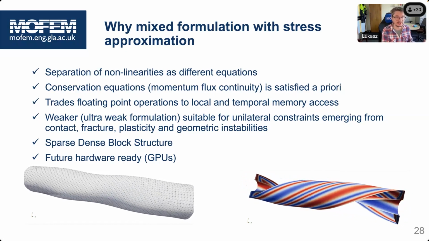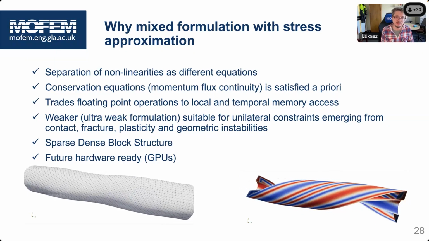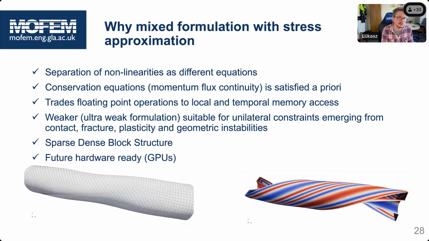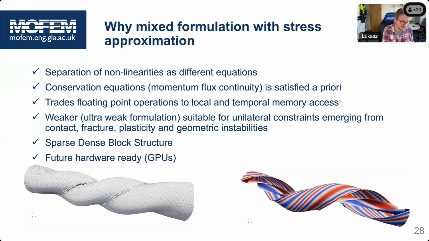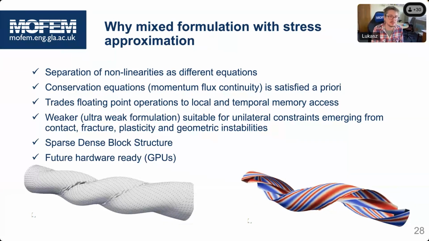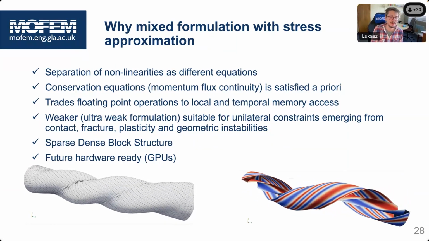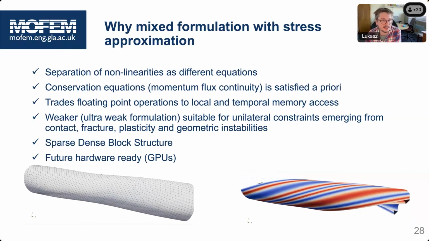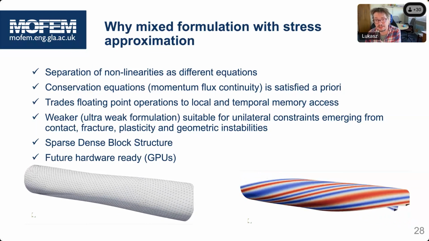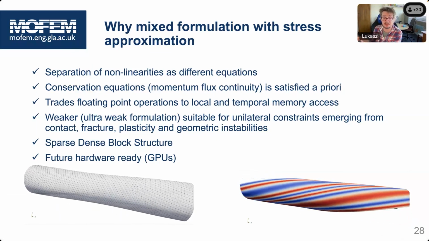We satisfy conservation of momentum a priori, and in fact, conservation of momentum is always true, while the physical equation is not necessarily true. So we satisfy that a priori. Of course, those elements trade floating point operations for temporal and spatial memory access.